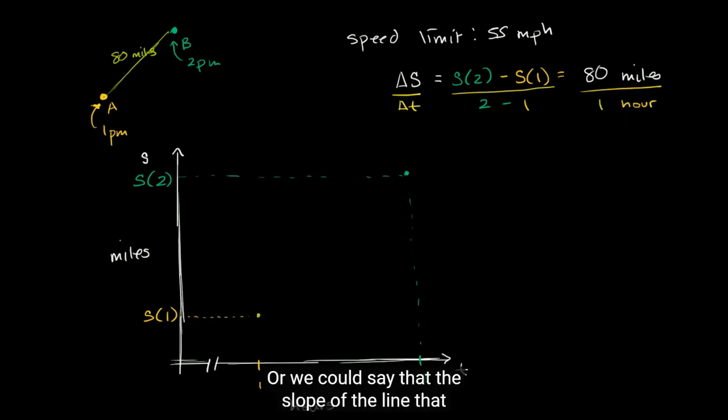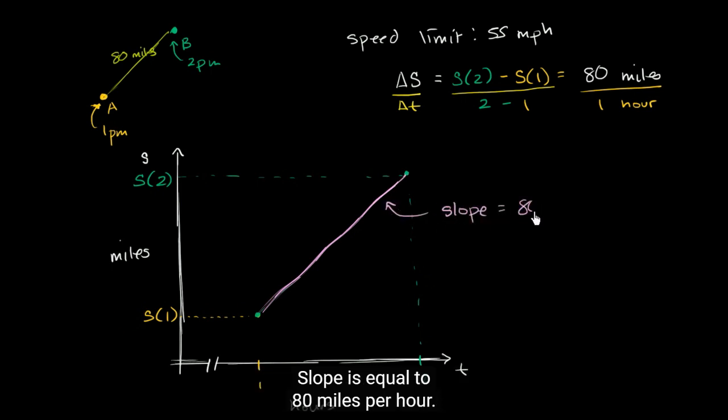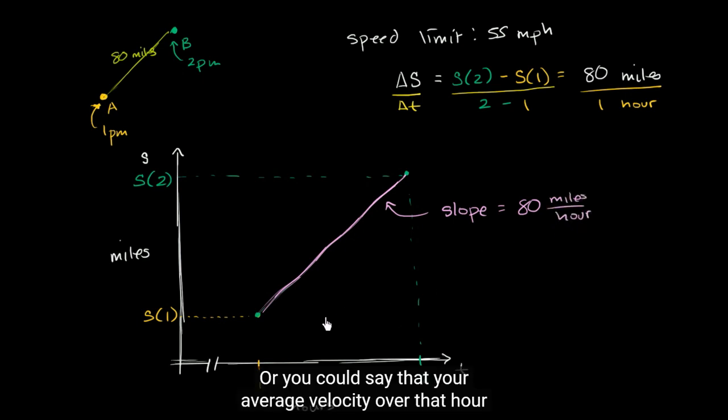Or we could say that the slope of the line that connects these 2 points is 80 miles per hour. Slope is equal to 80 miles per hour. Or you could say that your average velocity over that hour was 80 miles per hour.